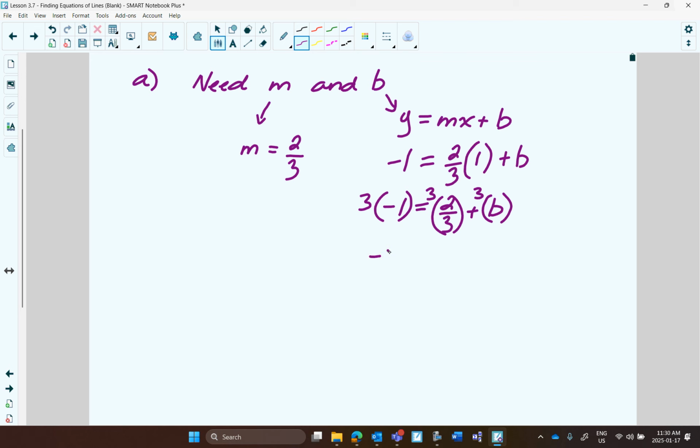And I get -3, the 3 and 3 cancel out there, equals 2 plus 3b. Move the 2 over by subtraction, and I get -5 is equal to 3b. Divide both sides by 3, remember the unknown is on the right-hand side. -5/3 equals b.